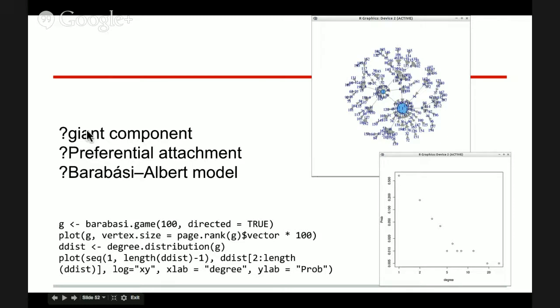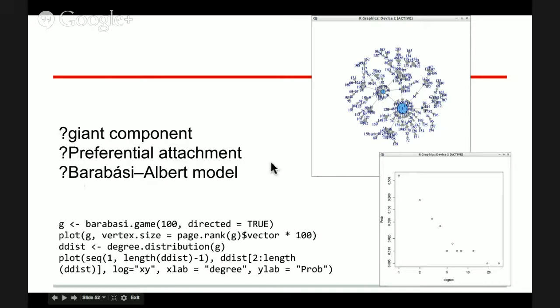And the R package dependency relationship is actually following a thing we call preferential attachment, and theoretically it follows, I don't know how to pronounce it, the BA model.